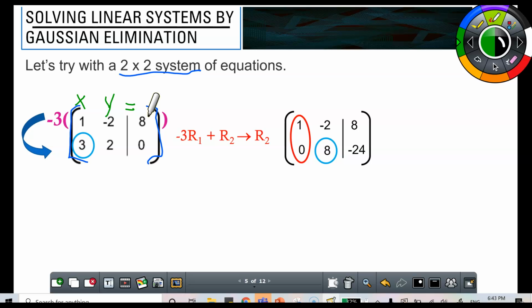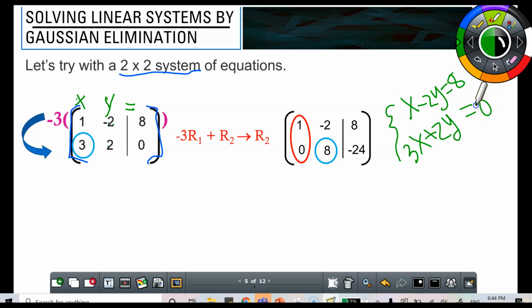So the first equation is 1x minus 2y equals 8. The second equation is 3x plus 2y equals 0. It's plus 2y because it's positive 2, right? So these are the original equations.